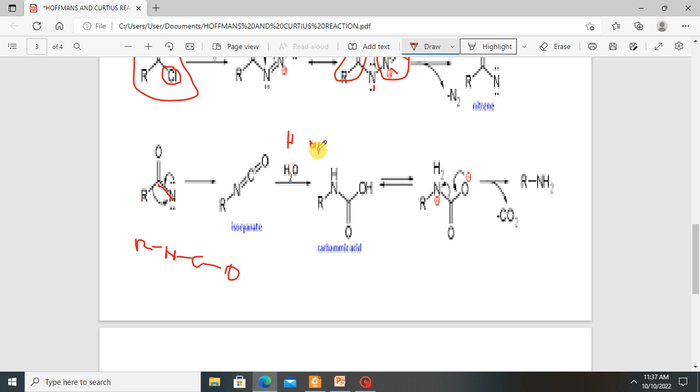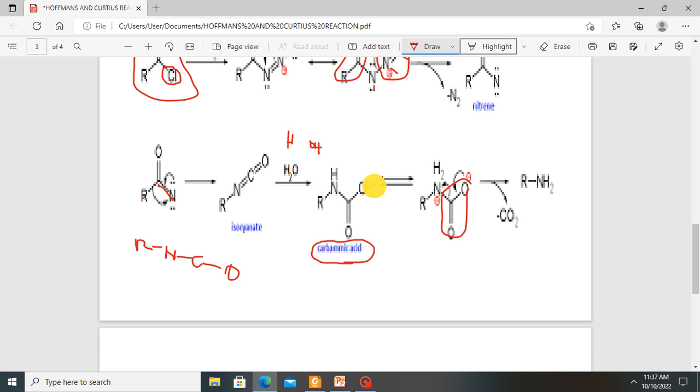So when you add water to this compound, the hydrogen attacks the nitrogen, then the OH attacks the carbon. So we get a carbamic acid as intermediate. From here is the same as that which was seen in the Hoffman's reaction. Next, there is loss of carbon dioxide as we saw in the earlier mechanism.